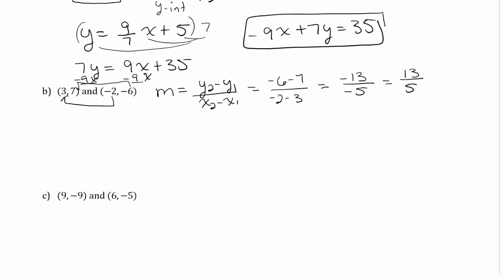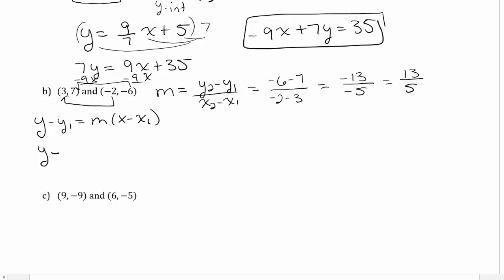Now we want to plug this slope in. Well, we could do the slope-intercept form or the point-slope form. Y minus y1 equals m times the quantity x minus x1. So y minus, and I'm always just going to use the first point here. You could use either the 3, 7 or the negative 2, negative 6. It doesn't matter.